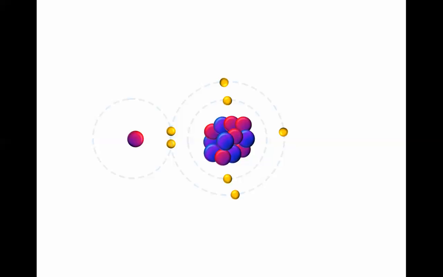It needs 8 to be full. In this case, we're going to add 3 more hydrogen atoms, and if we count now, we have 1, 2, 3, 4, 5, 6, 7, 8 electrons in the valence shell of carbon. It's full, it's happy, and in the process we've formed 1, 2, 3, 4 covalent bonds.